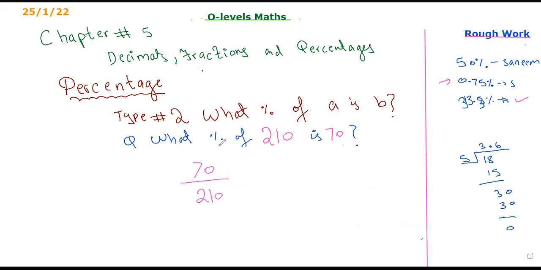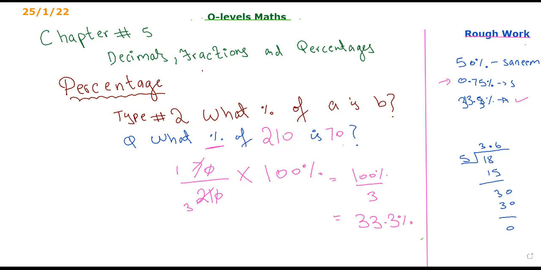We are interested in finding out the percentage, so we multiply it with 100%. 0 and 0 would be cancelled. 7 into 1 is 7 and 7 into 3 is 21. So again, we are getting 100% by 3, that is 33.3%.